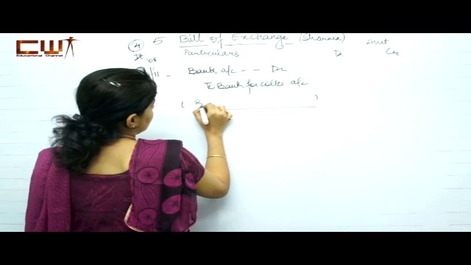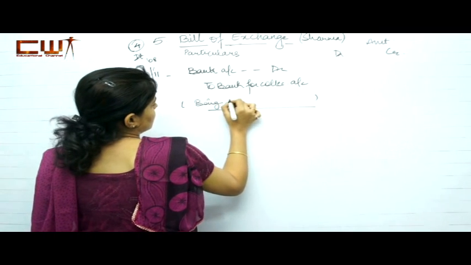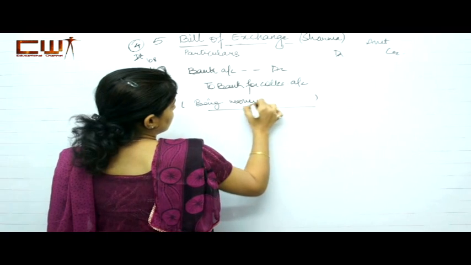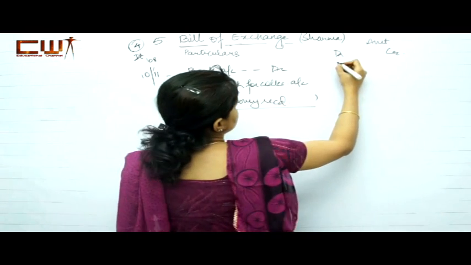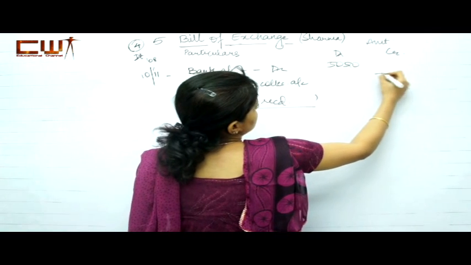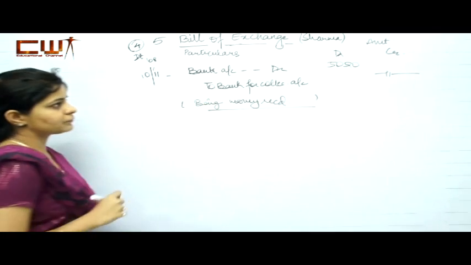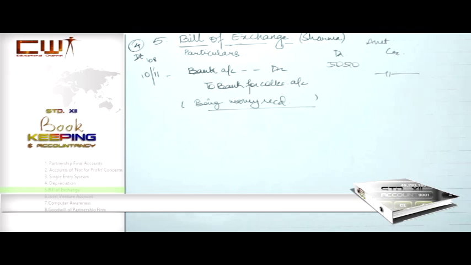So being money received through bank for collection account, how much? 5050. Alright, you have passed the journal entries in the books of Sharma.